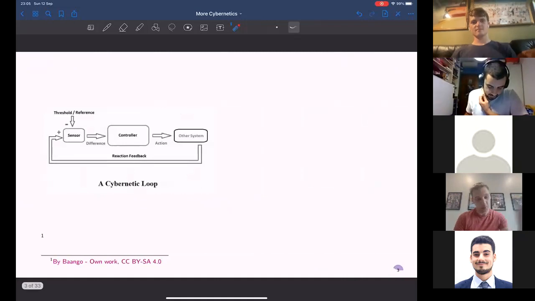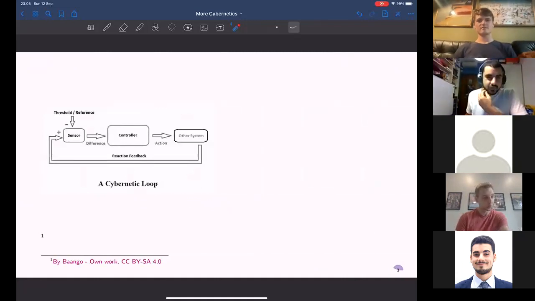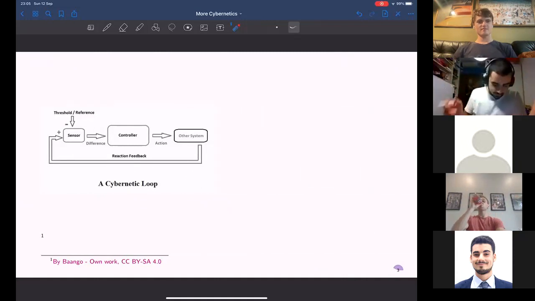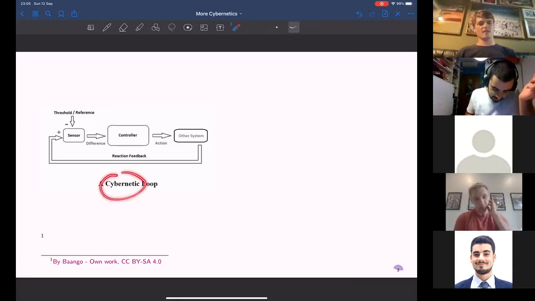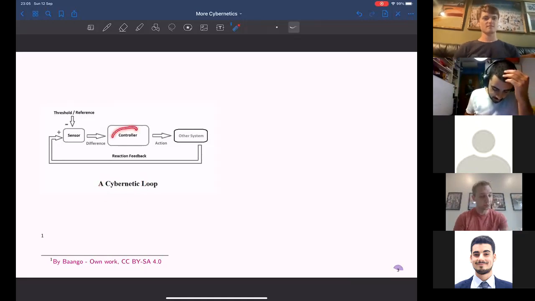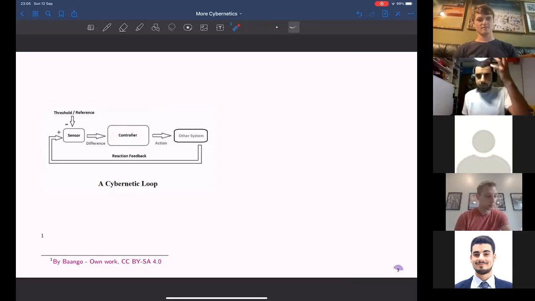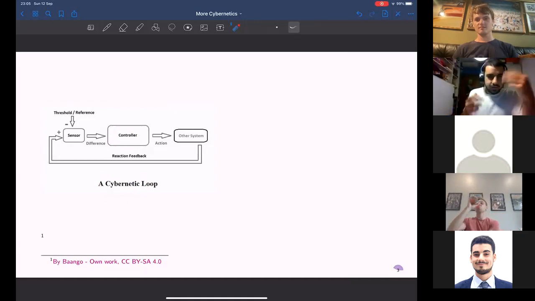So the main idea of cybernetics is that a lot of situations look like this. There's a loop, which is called the cybernetic loop indeed, where a controller is involved. You should imagine a controller like someone or some entity having some kind of agency and goal over a given system they're trying to control.